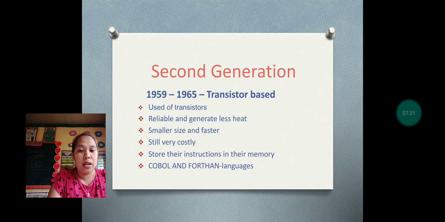This computer stores instructions in the memory. This second generation computer moved from cryptic binary machine language to symbolic. It is also smaller than the first generation computer.